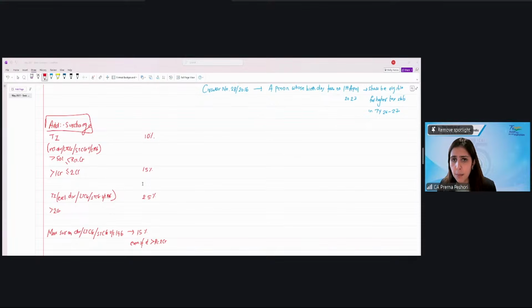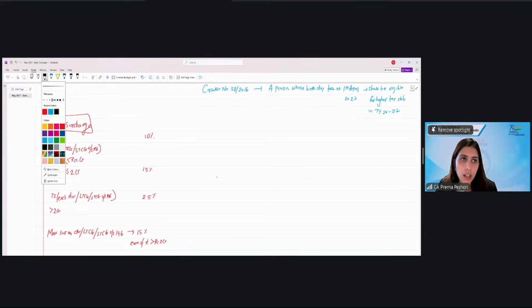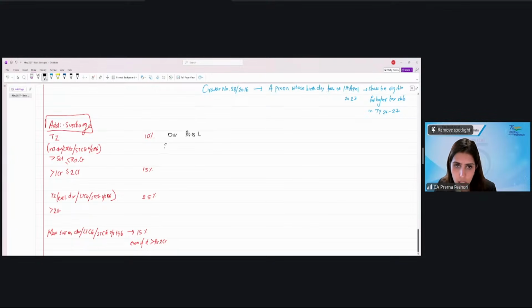So let us say, for example, my total income consists of, let's say, dividend, which is, let's say, rupees 15 lakh, STCG under 196 on listed equity shares and equity oriented mutual fund, 15 lakh.